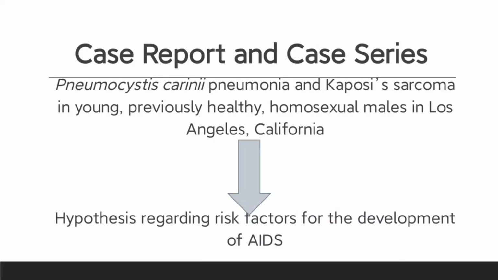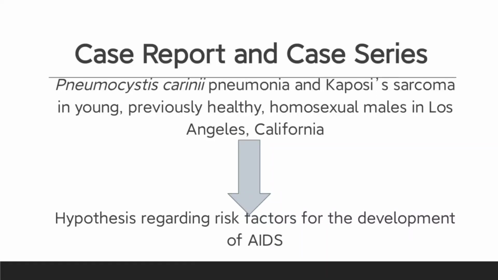And nung inaral nila yung risk factors, they diagnosed that these homosexual males were practicing multiple sex partners, at saka unsafe sexual practices. And other than that, na nakakalat yung tinatawag na human immunodeficiency virus, HIV, which would then lead to AIDS.